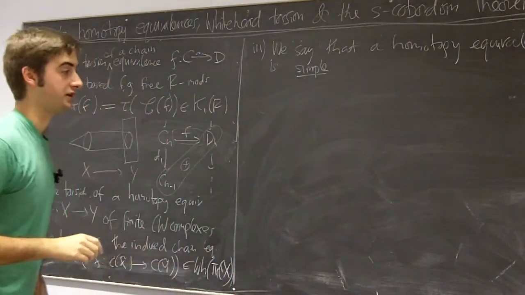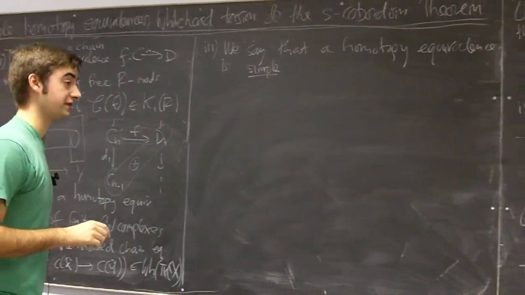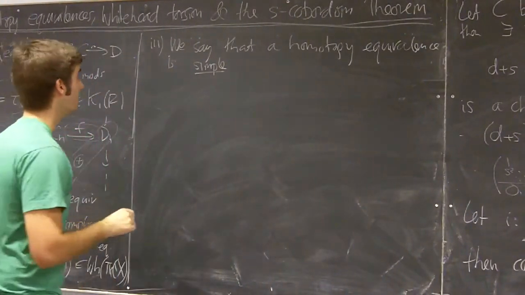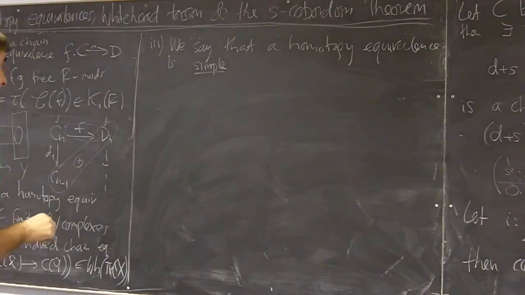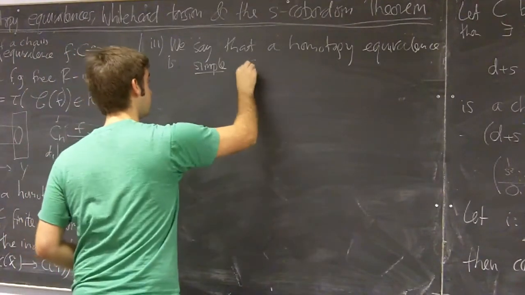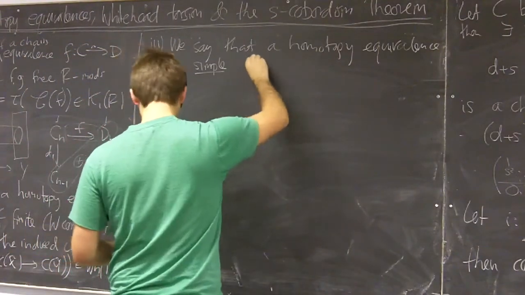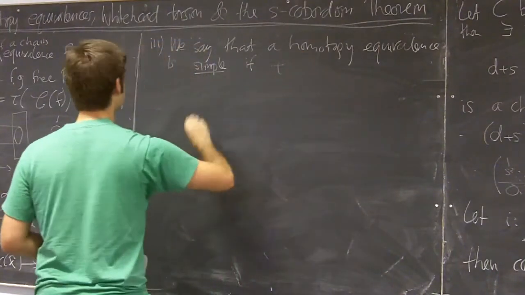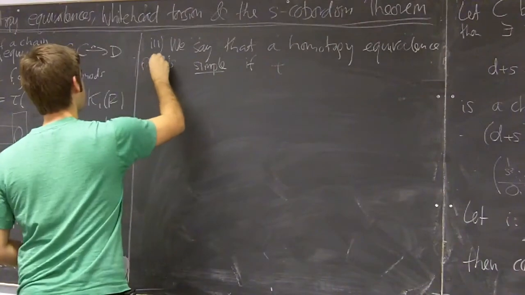And I'll spend the second half of the lecture trying to explain what this means geometrically. We say that a homotopy equivalence is simple if it has zero torsion. So this is f from X to Y.